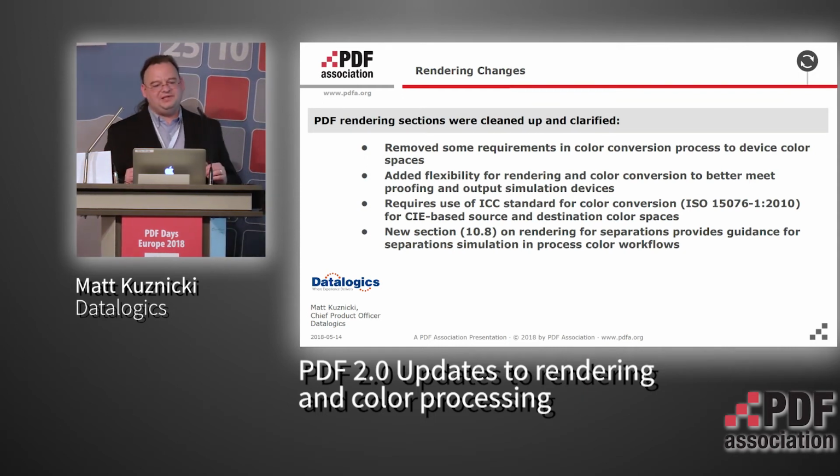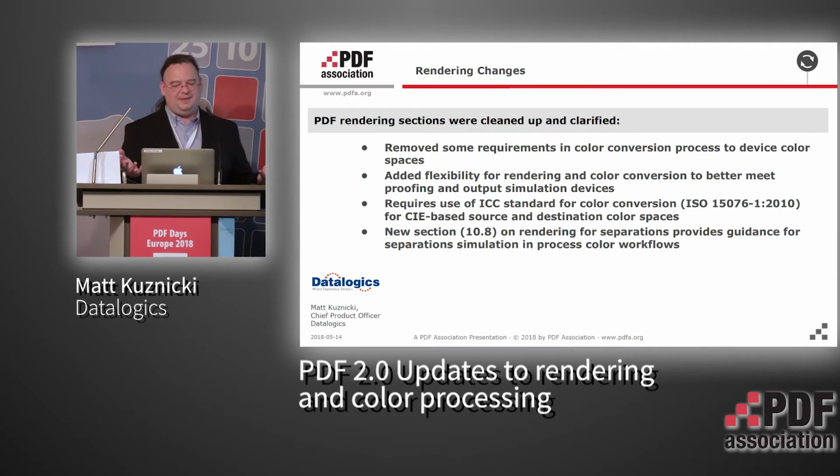And PDF 2.0 adds a new section to the rendering chapter on rendering for separations, which provides guidance for how you simulate separation color spaces in a process color workflow. So how you handle separation color spaces, how you use the alternate color space definition for separation color spaces, and how this interacts with other rendering elements when rendering a page.